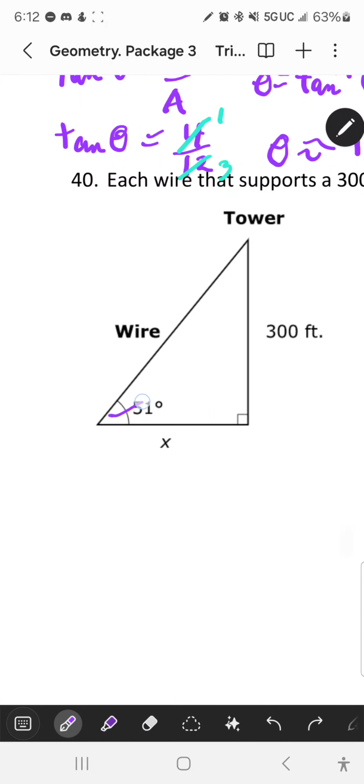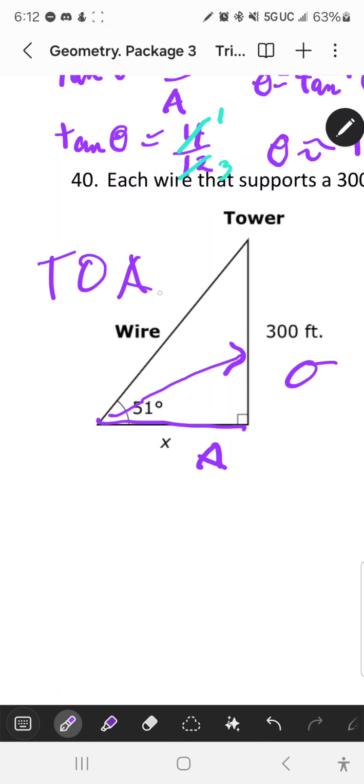Now, I have an angle, and I say this is the opposite, and this right here is adjacent. So again, tangent, TOA. The tangent of the angle, which in this case is 51, will be the opposite, which in this case is 300, over the adjacent, which is x.